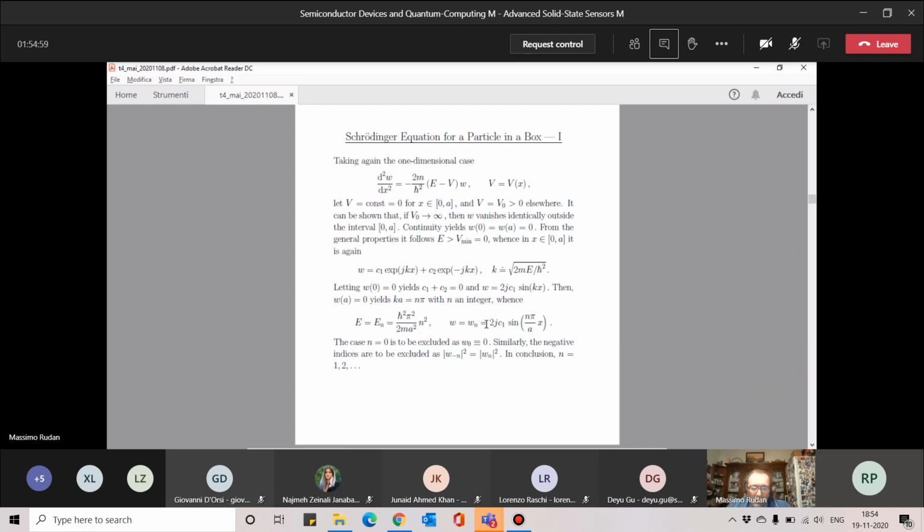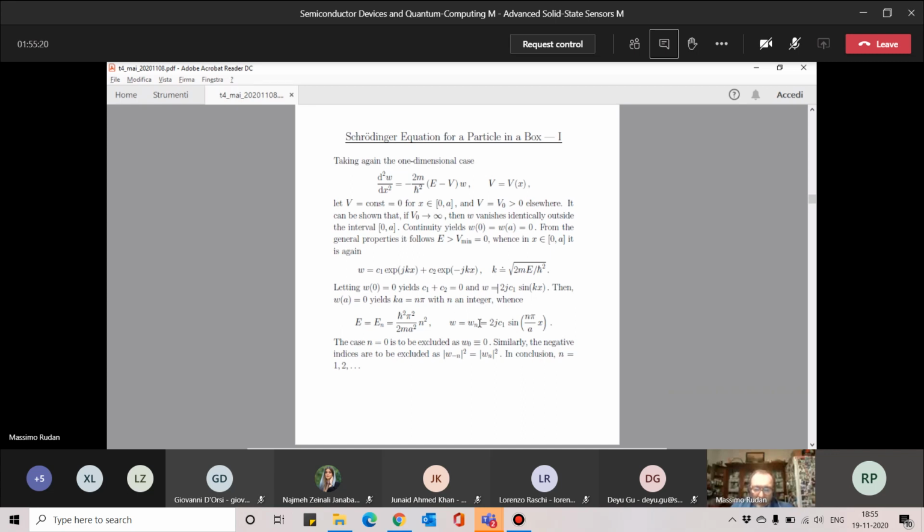We are left with the problem of this constant C1, okay? That is some constant. But now we can also try to complete the job by normalizing the wave function.